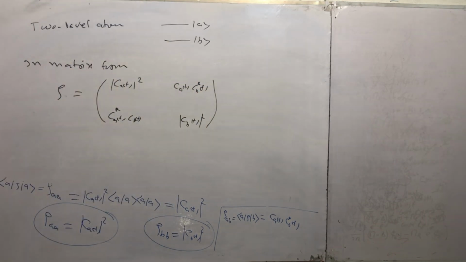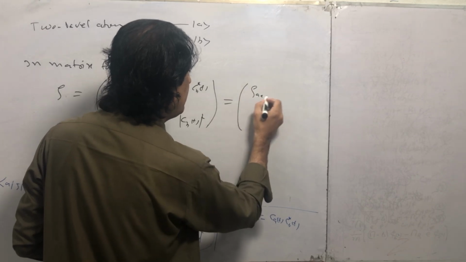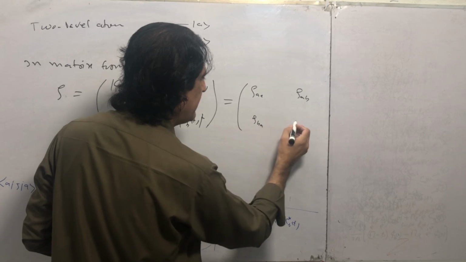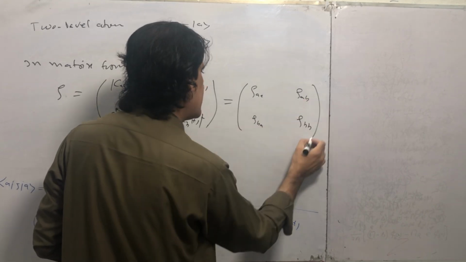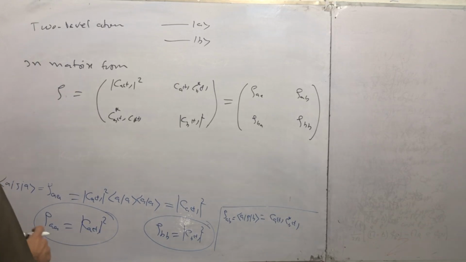This is the matrix form, and this is actually equal to rho AA, rho AB, rho BA, and rho BB. So this is important. Rho will be equal to this.